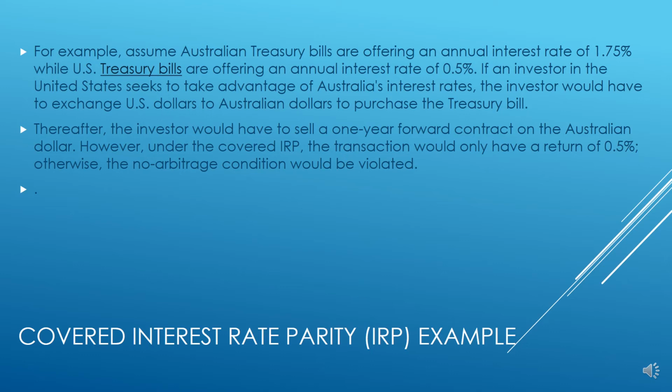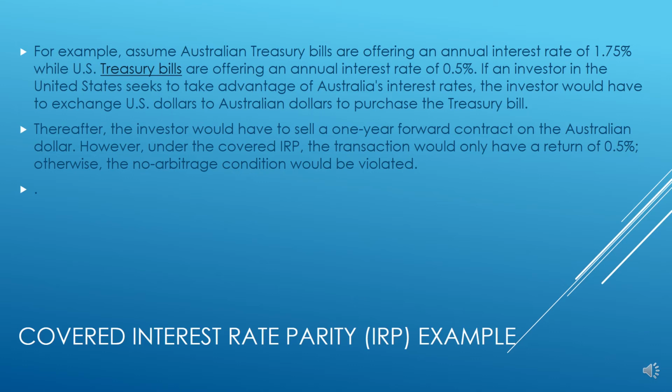So, covered interest rate parity is found to hold when there is open capital mobility and limited capital controls. And this finding is confirmed for all currencies freely traded in the present day. One such example is when the United Kingdom and Germany abolished capital controls between 1979 and 1981.